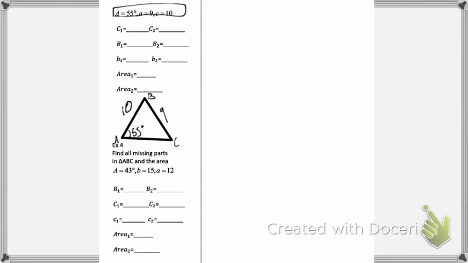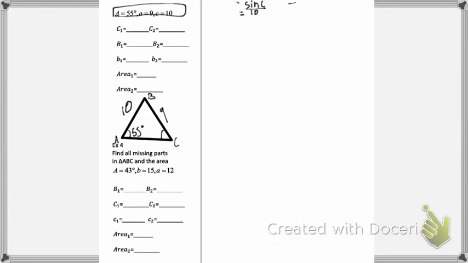So let's solve for side C first. I mean, not for side C, sorry, angle C. So let's do sine 55 over 9 equals sine C over 10. So I'll make that a little bit smaller so we can have more room.